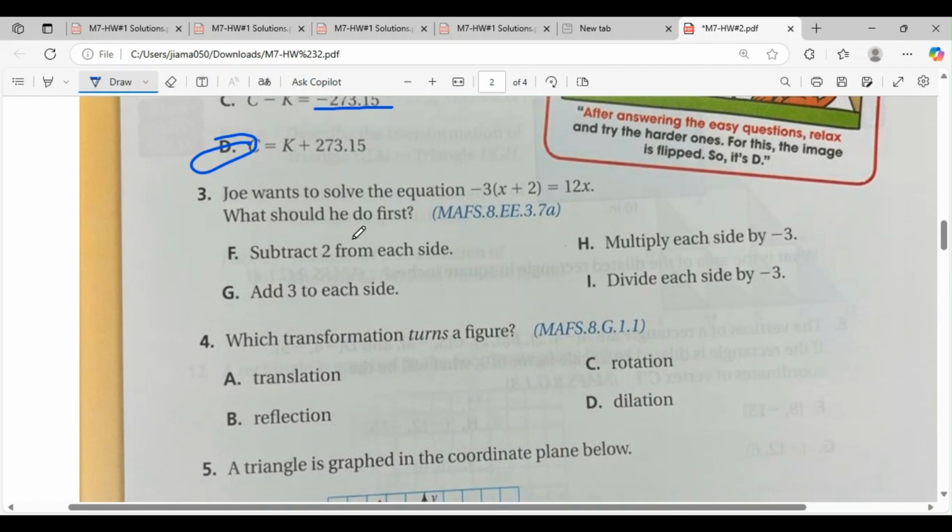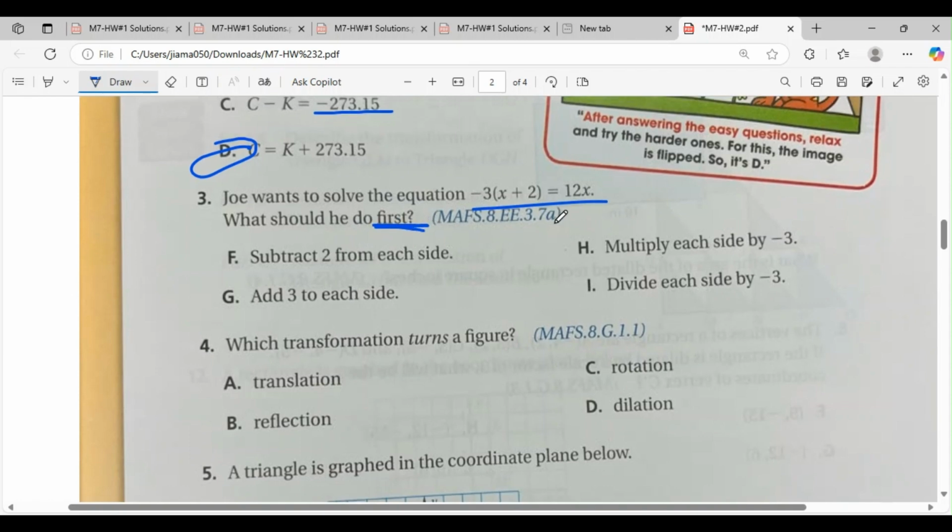Okay, next. Joe wants to solve the equation negative 3 times x plus 2 equals 12x. What should he do first? Okay, so we can see there is a negative 3 and this side 12 can also be divided by negative 3.